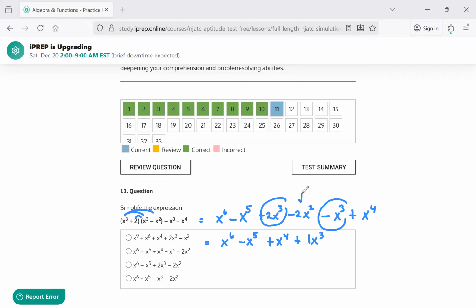And then the next one is negative 2x squared. Which one would that be? This one.